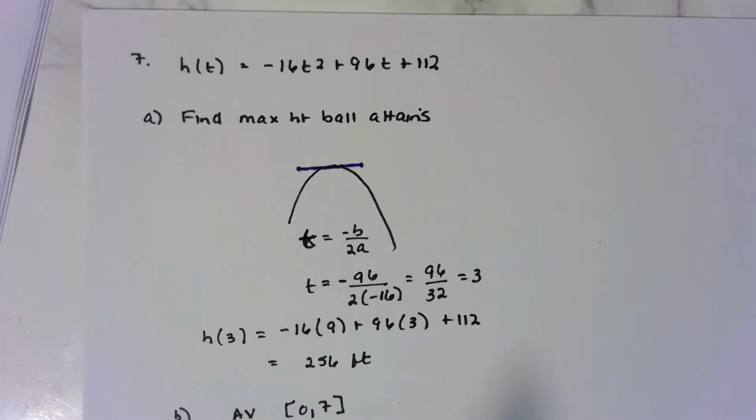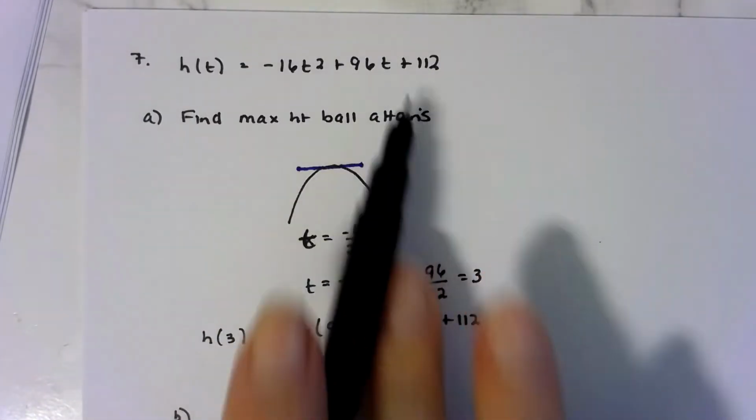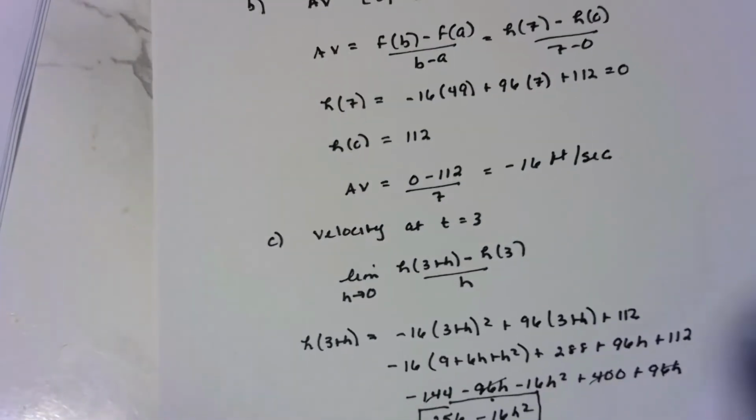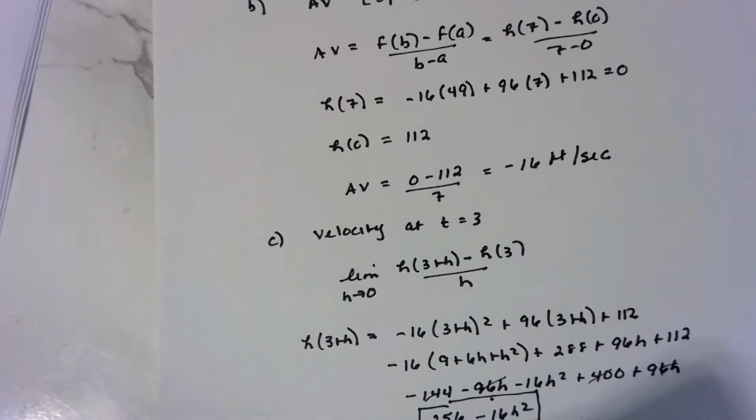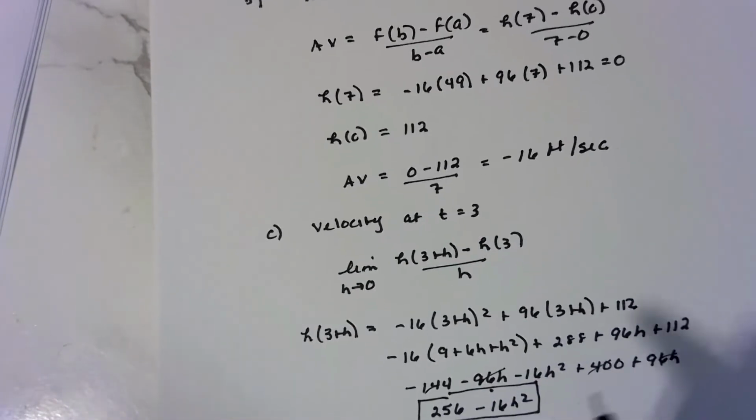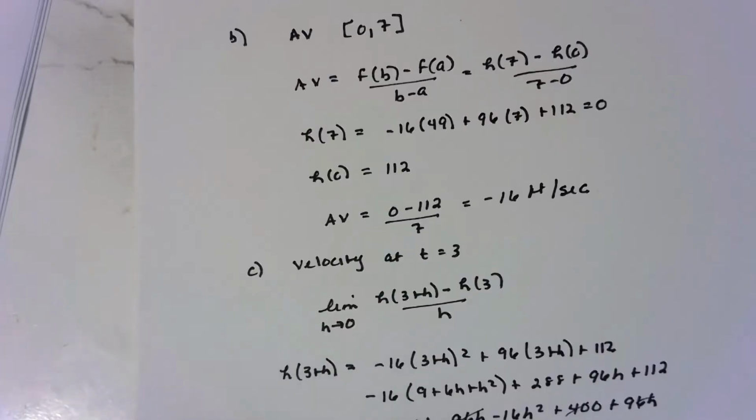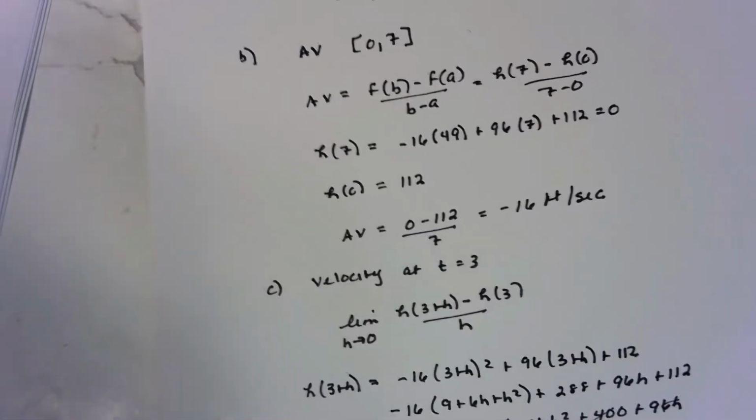If I plug a 3 in here, I would get 0. So h of 3, no, it's not 0. Sorry. Hang on. Let me just make sure. Yeah, I was wrong. It's 256.